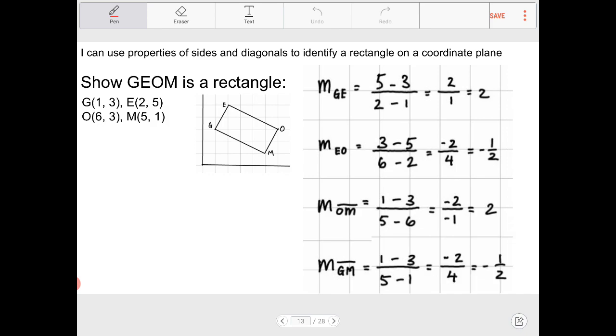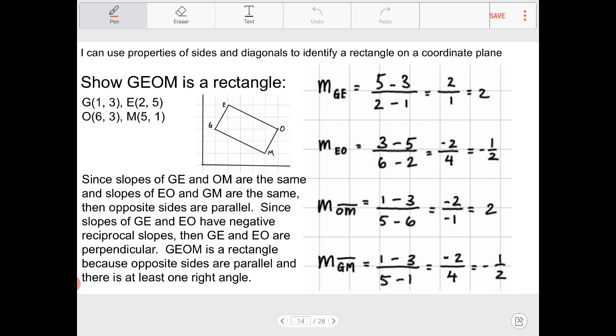This is not enough information for us to just declare that this is a rectangle. We need to make a statement. We need to show that this is in fact a rectangle by declaring that since slopes of GE and OM are the same and the slopes of EO and GM are the same, then opposite sides are parallel.